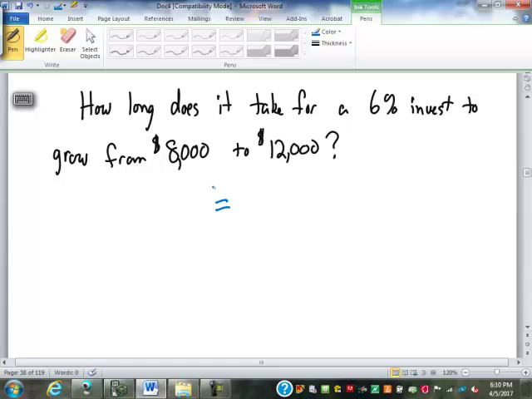I'm going to leave the I empty for a second here. What's the principal? 8,000 is the starting amount. What's the rate? 0.06 for the 6%. We are looking for the time. It said how long. What is the interest? 4,000.